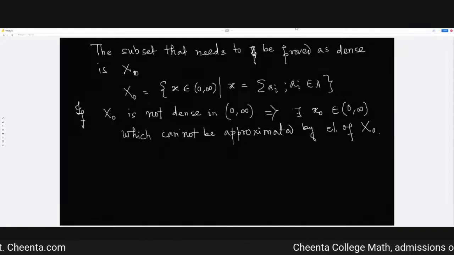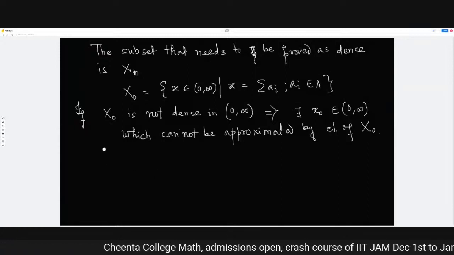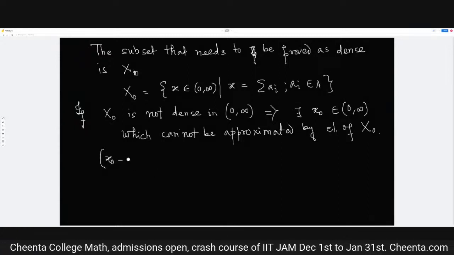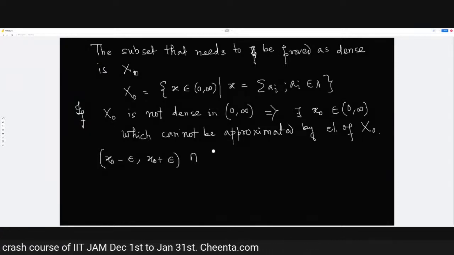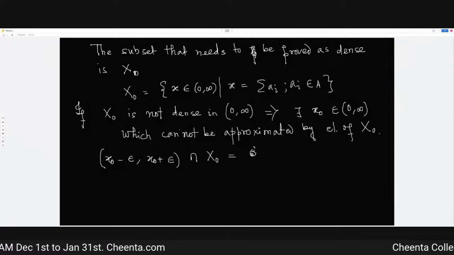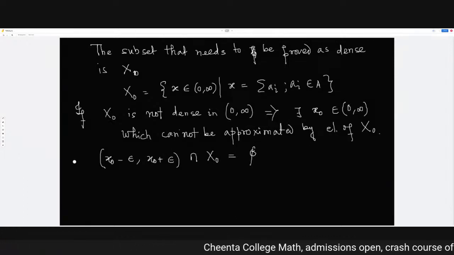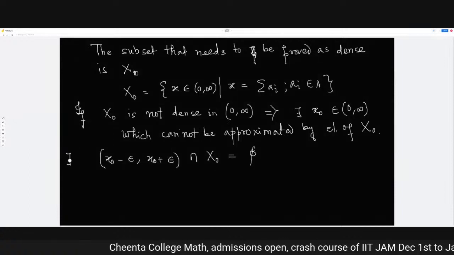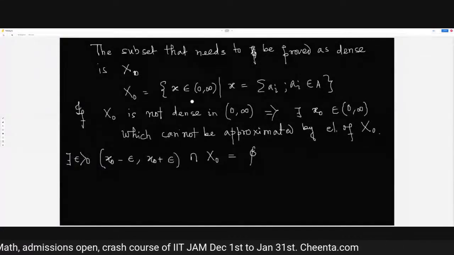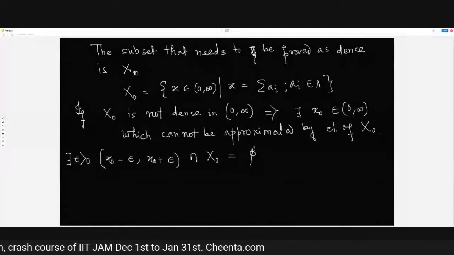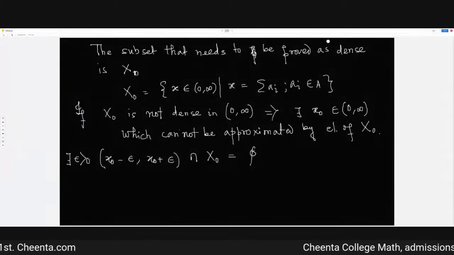Approximated means that there exists an epsilon neighborhood of this x naught in which there does not exist any element of capital X naught. So this is what not dense means, that you will always find such an epsilon. Okay, so this is the first step. You need to understand what set you are trying to prove as a dense set.